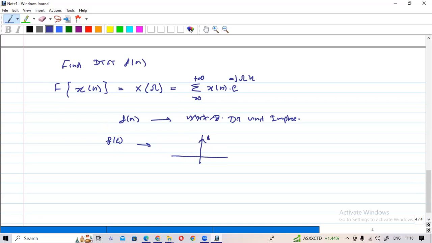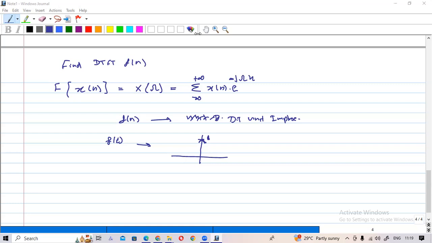This arrow means the signal goes up to infinity. So that answer is not correct actually.